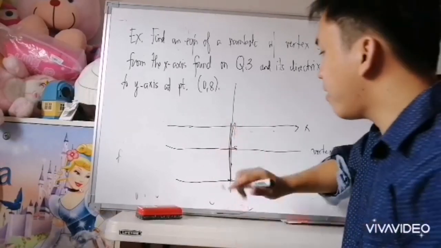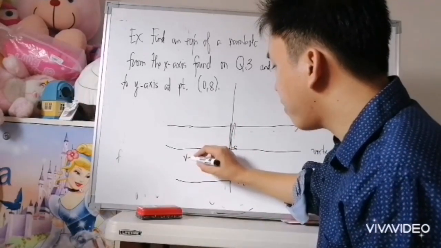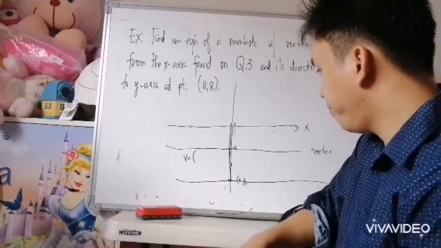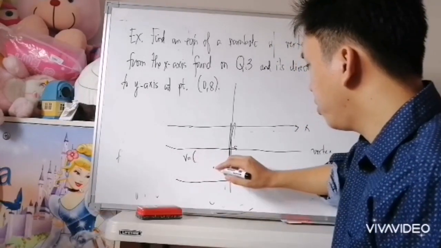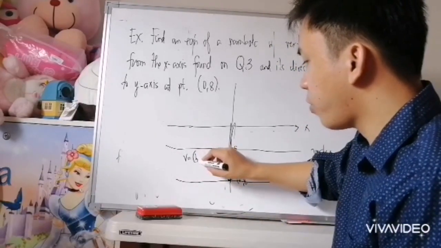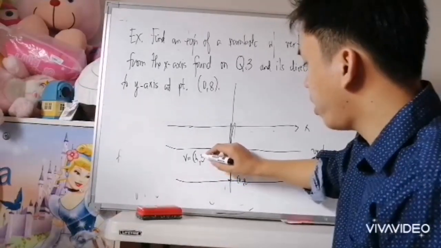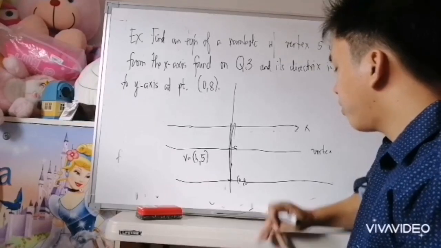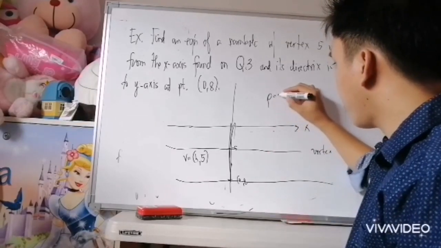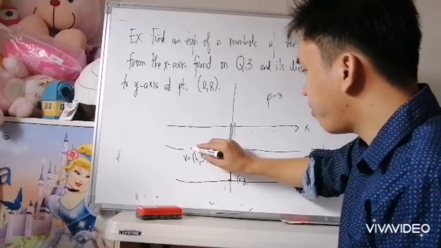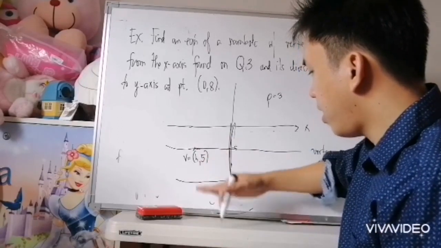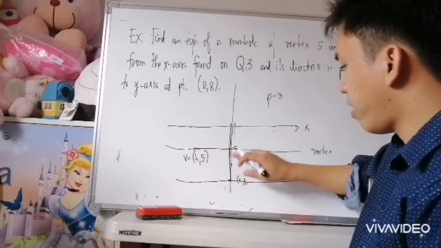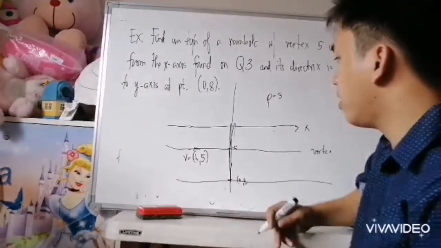Which simply tells us that we don't have the h here, it's quite general, but our k is 5. Therefore your p is 3 because the distance from the vertex to the directrix is 3 units.